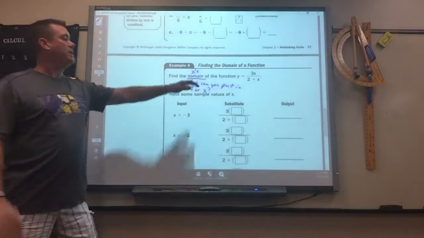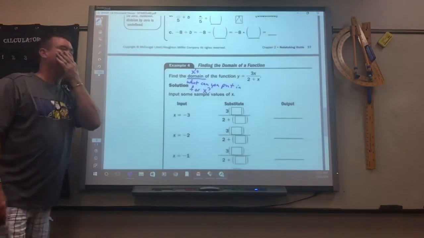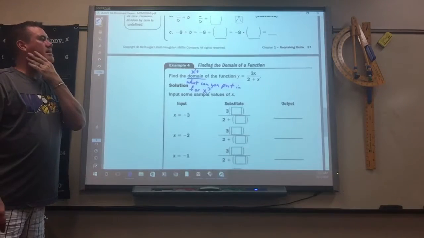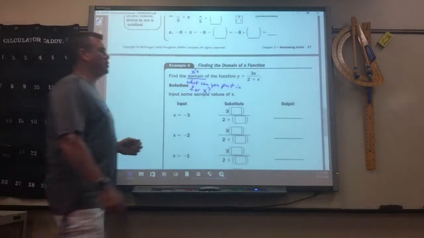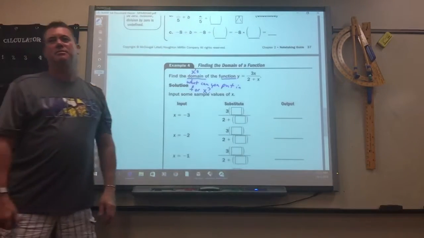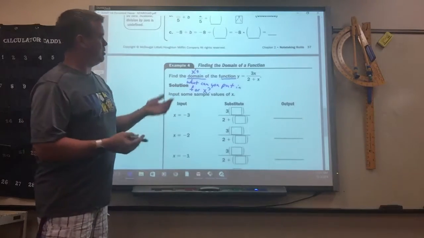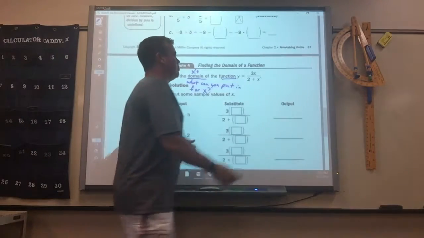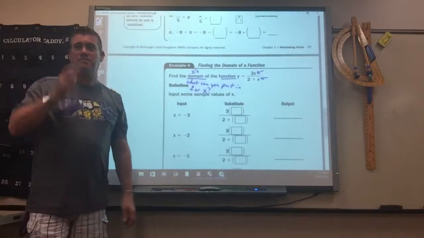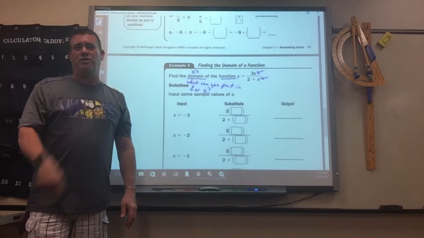The range is all your answers, the y's. 90% of the functions that we do, you can put any number in there. So when they ask for a domain, really what they're asking is, is there anything I can put in for these x's where I wouldn't get an answer? And when there's no answer, it's called what? No solution or undefined.